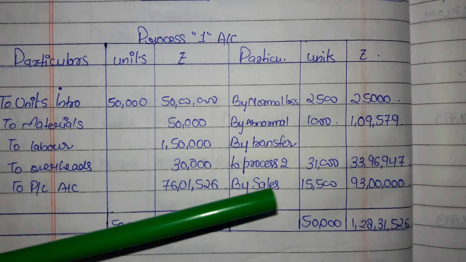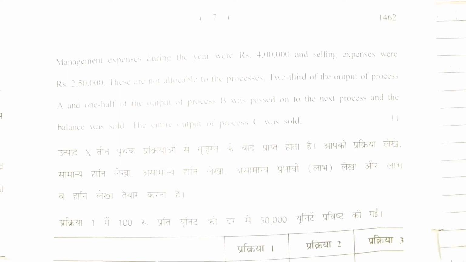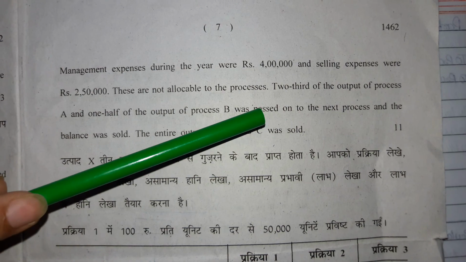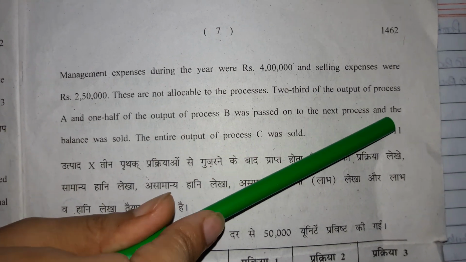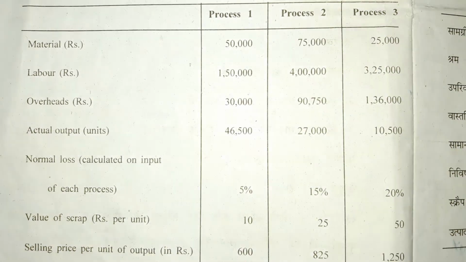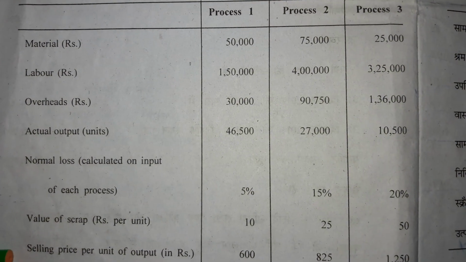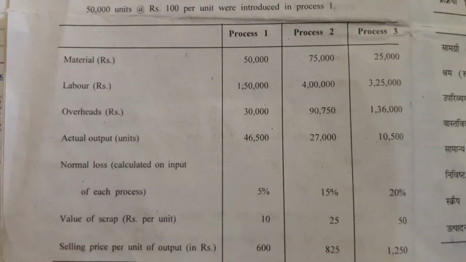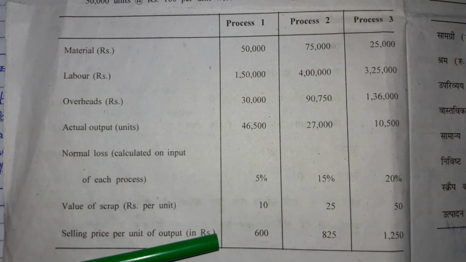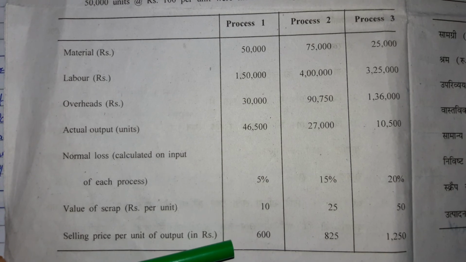Now it is sold. See, 2/3 output of the process passed on to the next process and the balance was sold. The per unit selling price is given here. For process 1, the per unit selling price is 600.